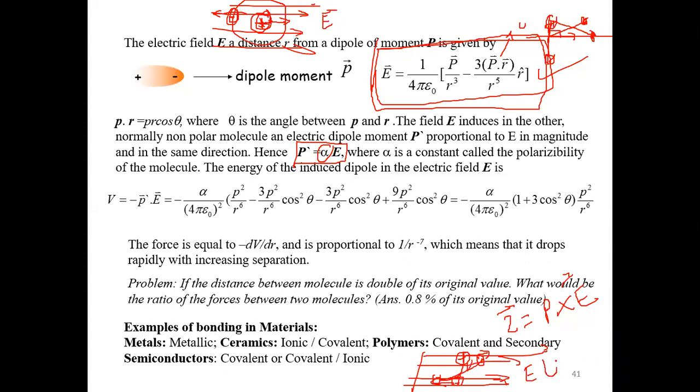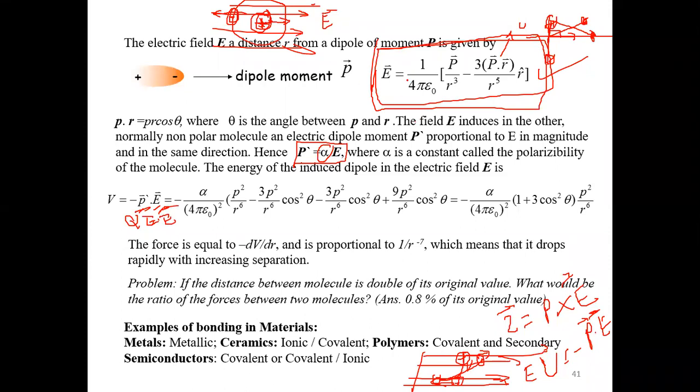When it rotates by theta, there will be some energy, so you can express it as minus P, the dipole moment, dot E. So there will be work done, and that work done is minus P prime dot E. Now P prime is equal to alpha E. So it will be basically minus alpha E dot E.